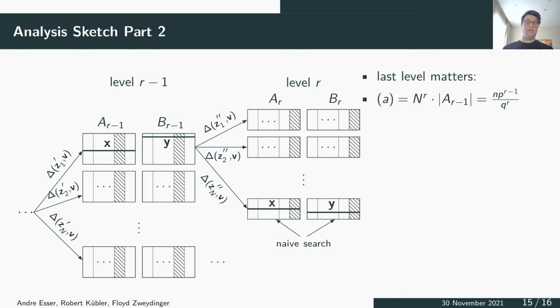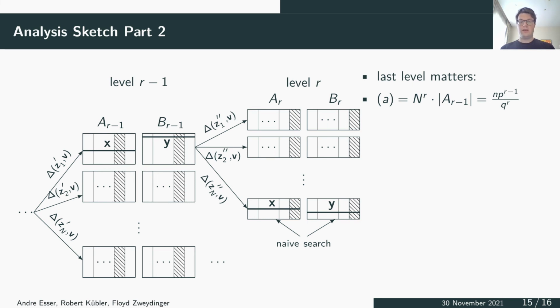So if x and y survive with probability q, we want 1 divided by q tries so that in expectation they survive once. So if we replace n with 1 divided by q, we result exactly in the value a. Meaning that in the theorem I just stated, the value a is nothing else than the cost of constructing the last level of our tree.